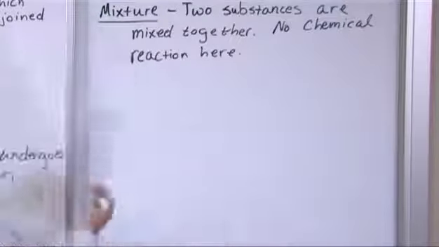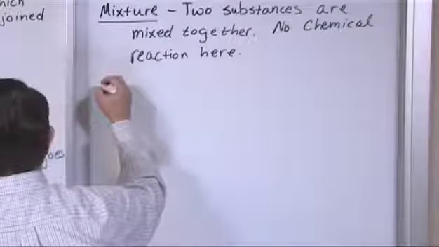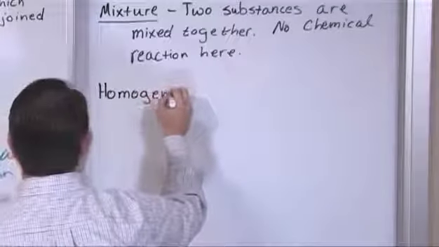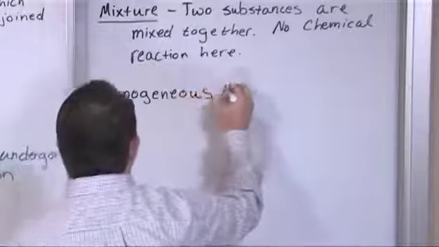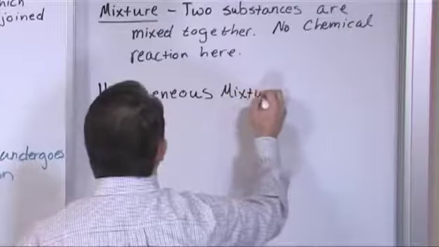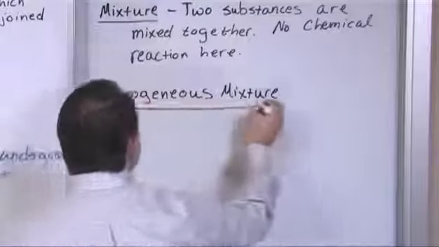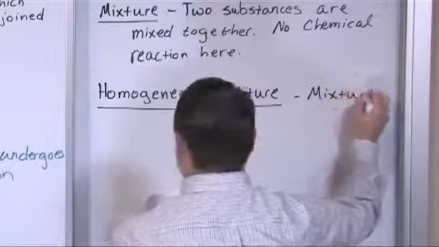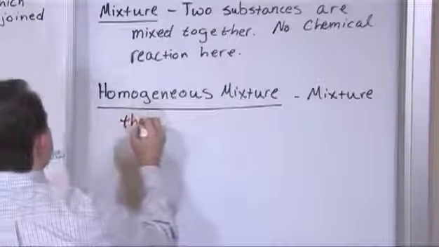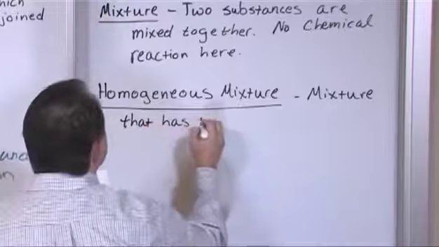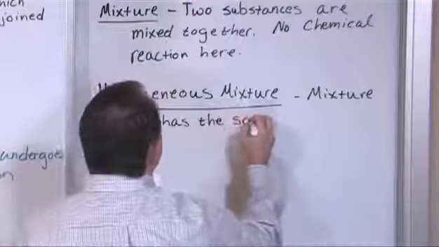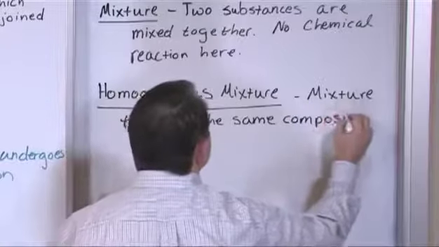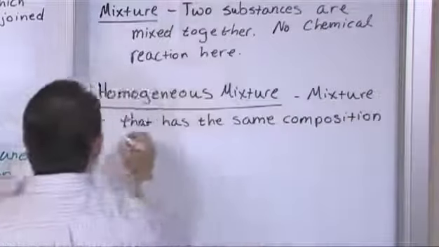All right. So to give you a few more definitions, we say that we have a homogeneous mixture. Okay. Homogeneous mixture. And that's a mixture that has the same composition everywhere.